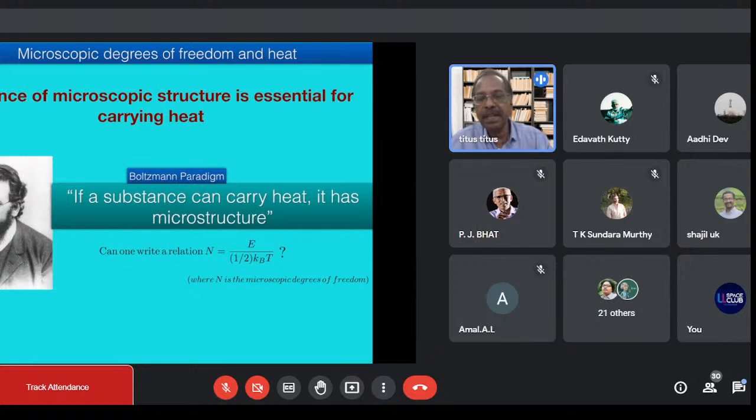If I divide the total energy of the body with half kBT, E by half kBT, this is known even to school students from maybe 8th standard onwards. You take the heat energy of any material body and divide it by half kBT.